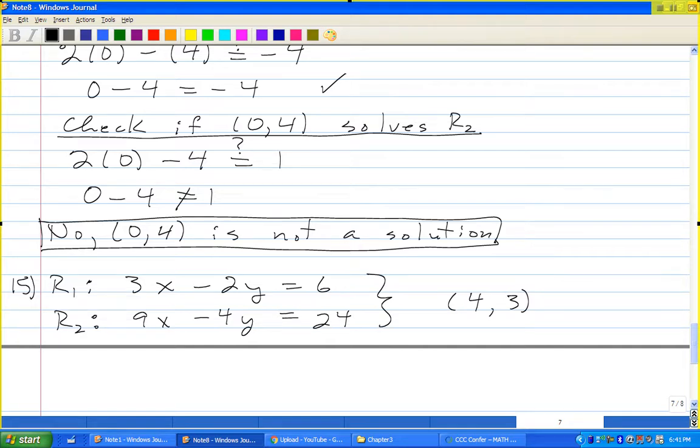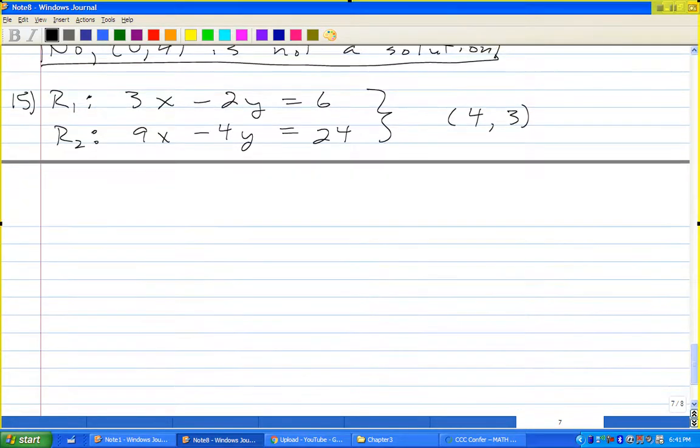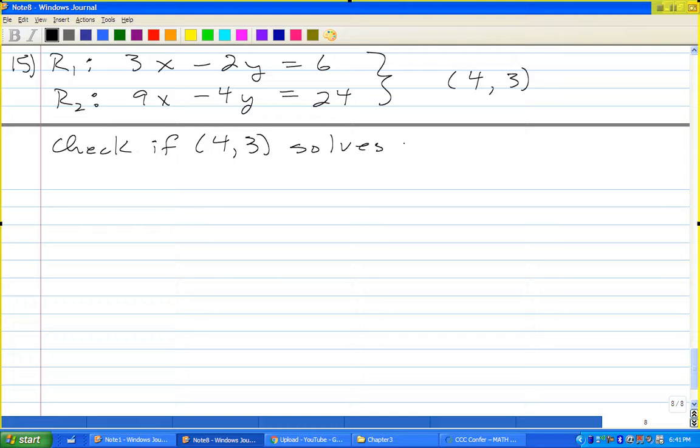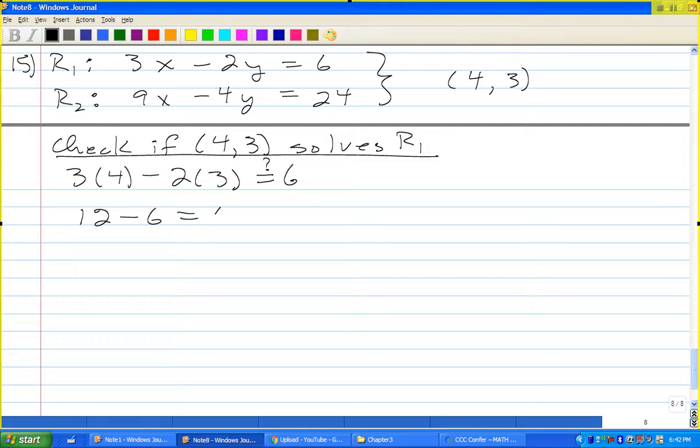So let's check. First check if (4, 3) solves the first equation. Is 3x minus 2y equal to 6? Is 12 minus 6 equal to 6? Yes.